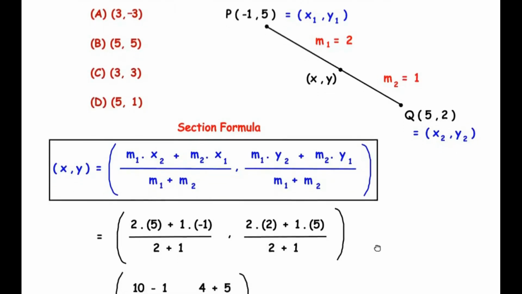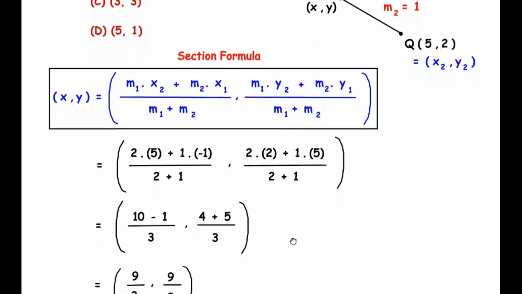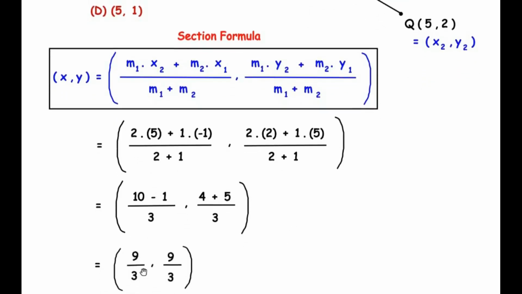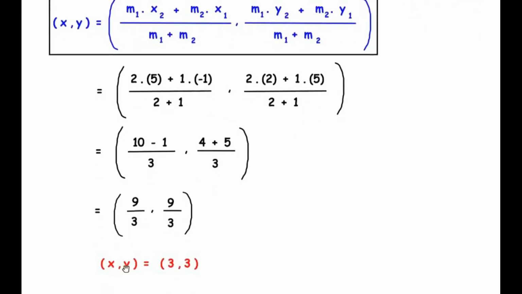Now simplifying this, we get 2 times 5 is 10 and 1 times -1 gives us -1 over 2 plus 1 is 3, comma 2 times 2 is 4 and 1 times 5 is 5. So 4 plus 5 over 3. Now further simplifying this, we get 10 minus 1 is 9 over 3, comma 4 plus 5 is 9 again, so 9 over 3. Now 9 and 3 go in the table of 3. So here 3 divides 9, giving us x, y is equal to 3, 3.